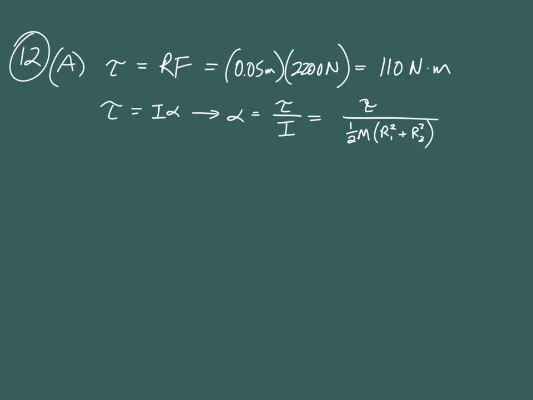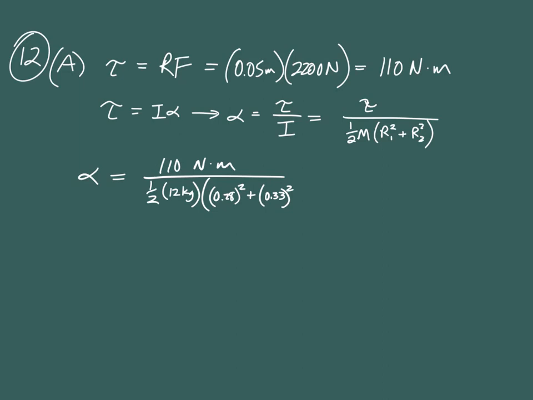All right. So alpha will equal this 110 Newton meters that we computed earlier over 1/2 the total mass, which was 12 kilograms, and I have a 0.28 meters squared plus a 0.33 meters squared. Crunch away at all of that, and you get 97.9 radians per second squared.